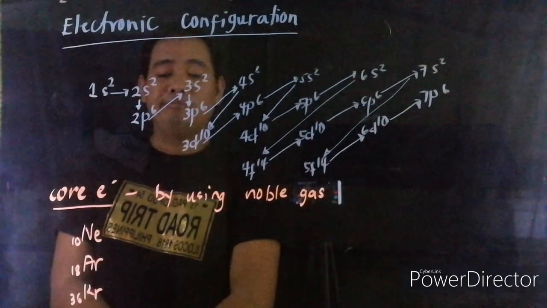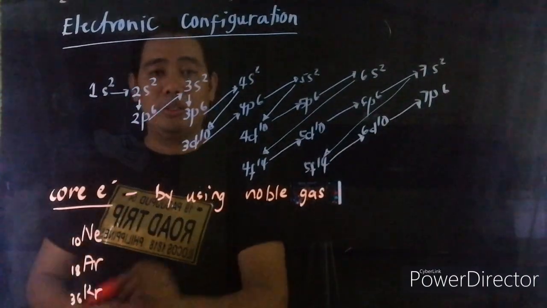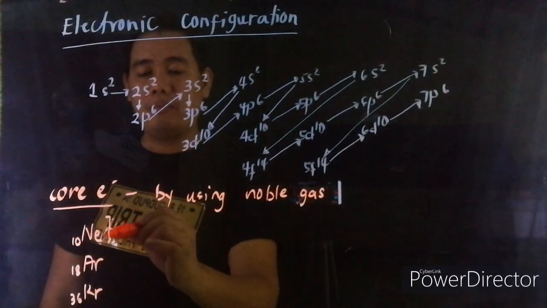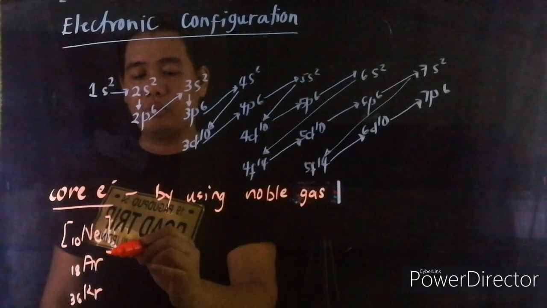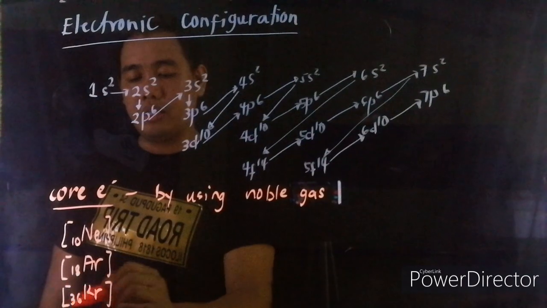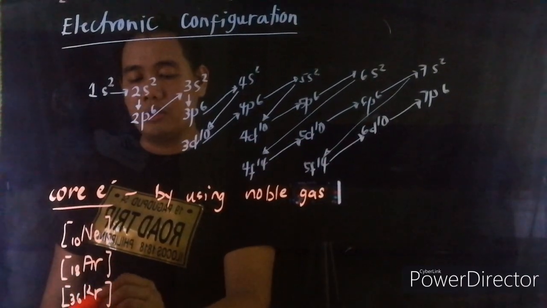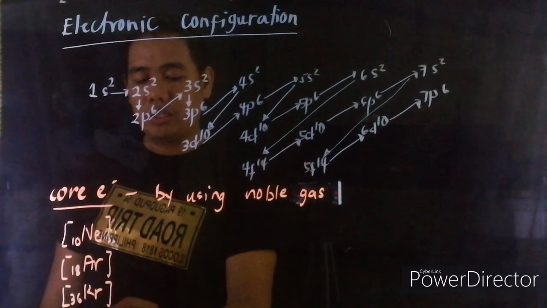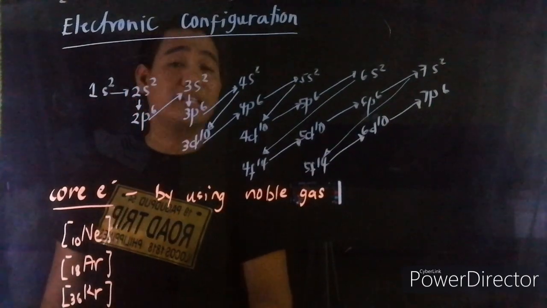Now, we will put a bracket for every noble gas that we use in our shortcut electronic configuration, or electronic configuration using the core electron.